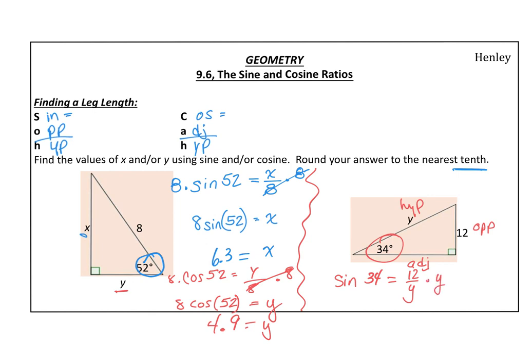Multiply both sides by y, leaving us with y times the sine of 34 equals 12. Then divide both sides by the sine of 34.